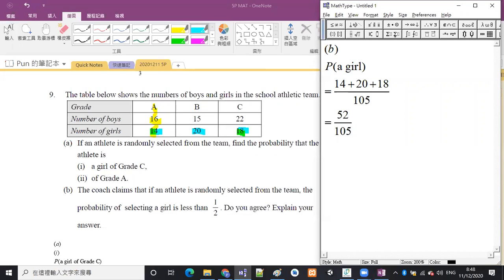Okay, but 52/105 is slightly less than 1/2. Look, 52 times 2 is 104, so it is not yet half, right? Okay, therefore the answer is no. Or you say that the claim is disagreed, meaning you do not agree with the statement. Okay, get it?